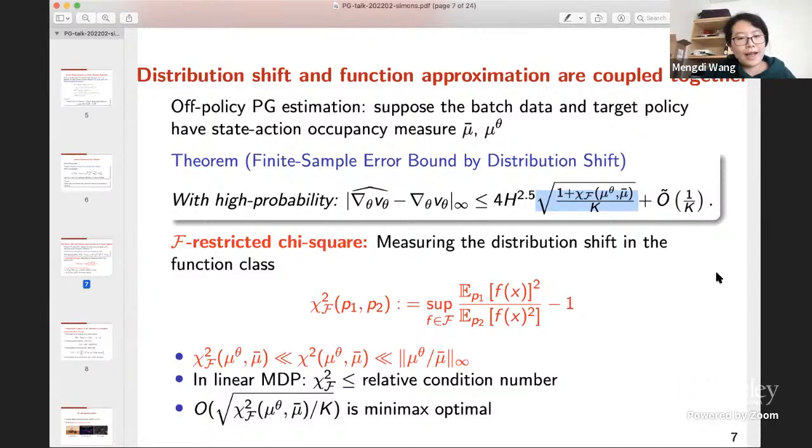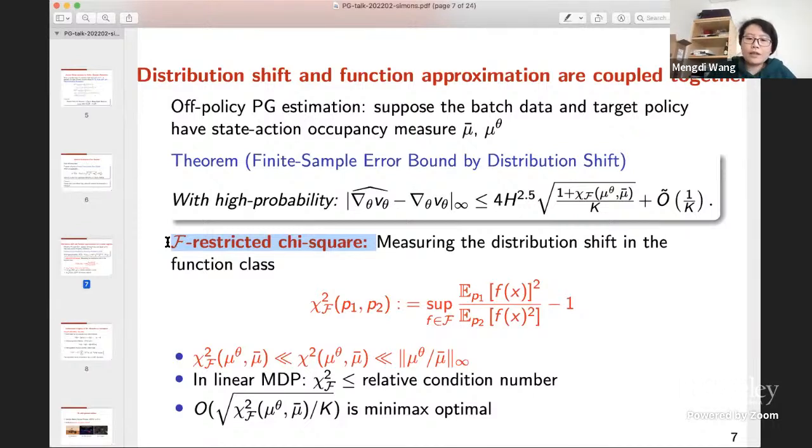That particular divergence, which we call the F-restricted chi-square divergence, turns out to be the single important quantity to characterize the hardness and statistical complexity of off-policy estimation.